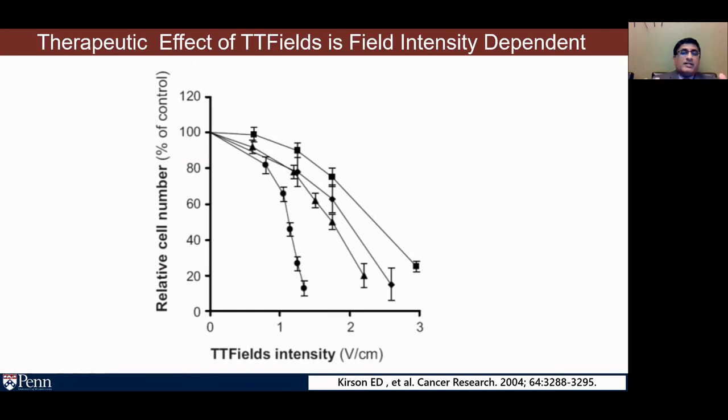It depends on the tumor location, the size of the tumor, and the dielectric properties of the brain and the tumor. It also depends on the layout of the transducer arrays, how we place them, and how proximal they are to the different regions of the tumor. All these factors determine the field intensity. But as we keep increasing the field intensity, the therapeutic effect of the TTF field increases.